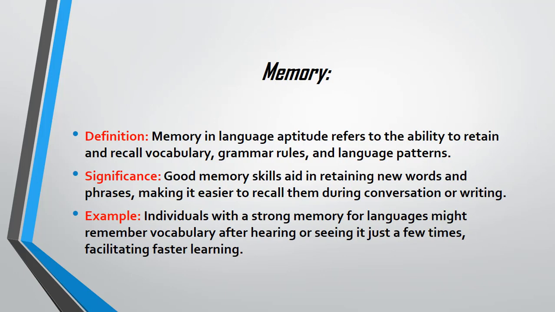So people with good memory skills will be more competent when it comes to speaking and writing and using the new words that they retained in conversation or in writing.